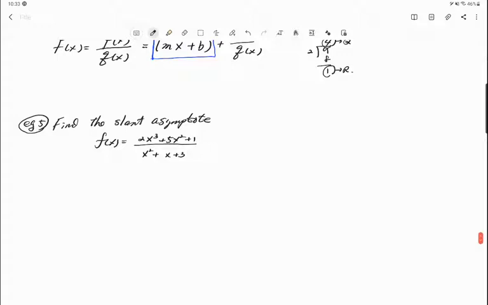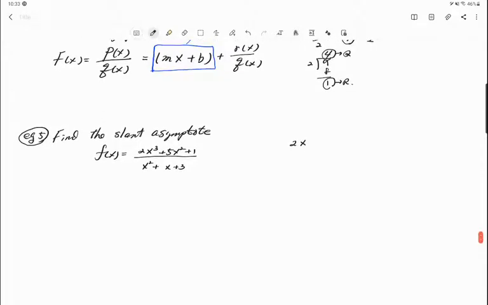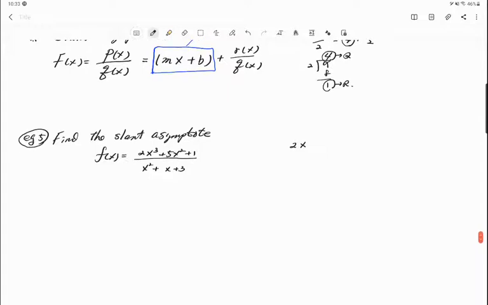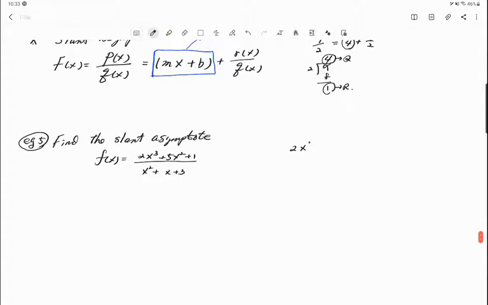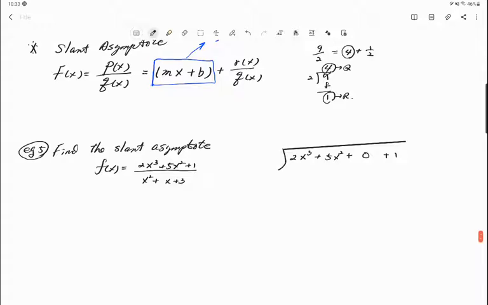Let's divide this one. Find the slant asymptote of this function f of x. Let's divide it and rewrite it in terms of the quotient plus the remainder over the denominator. All right, so 2x cubed plus 5x squared. There's no x term, so put 0, and the constant, divided by x squared plus x plus 3.